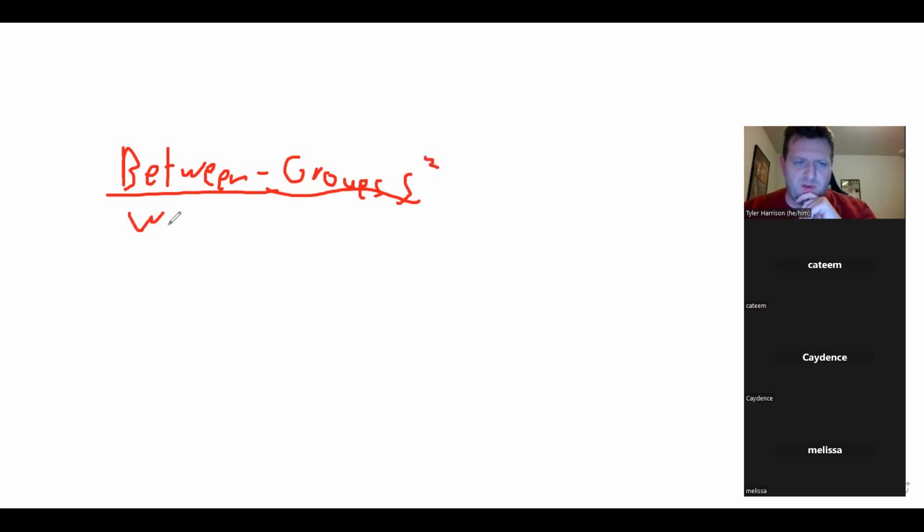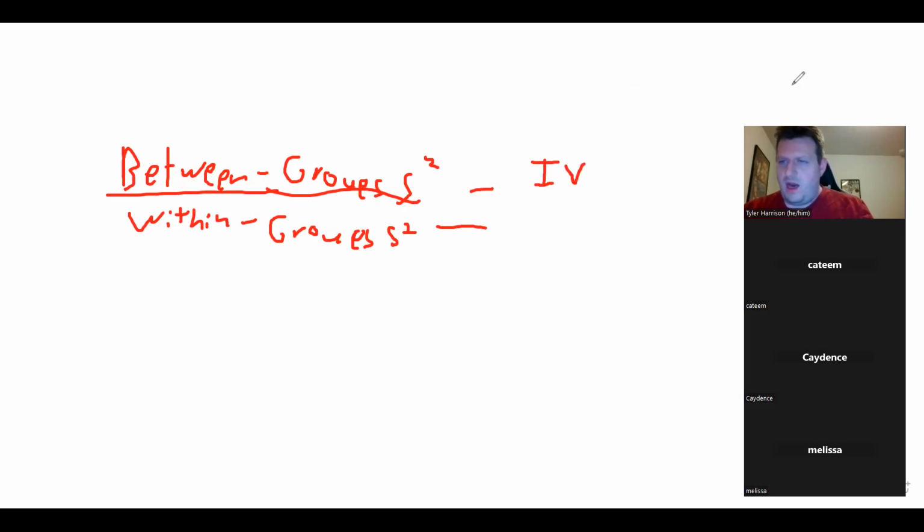And then we put within groups variability down here. Now, I believe what Melissa's asking is, let's break these down more. Why do people differ between groups? Well, they differ because of the independent variable, right? The independent variable is different for groups.